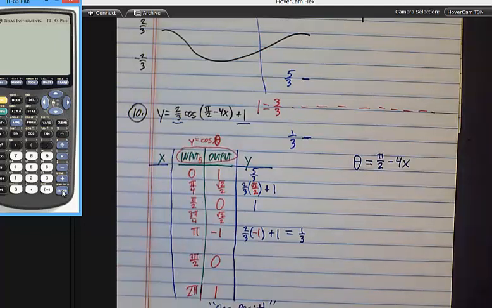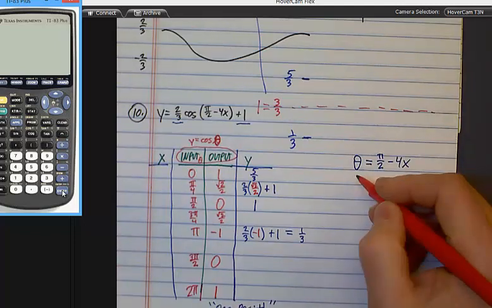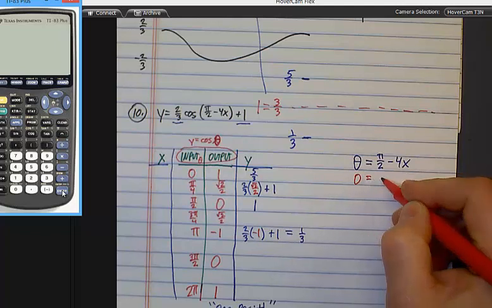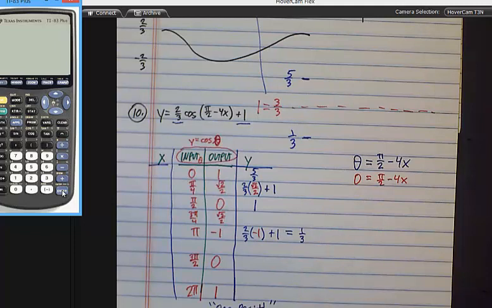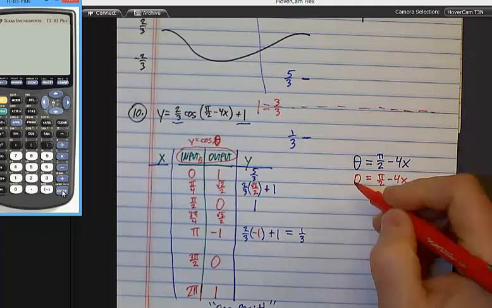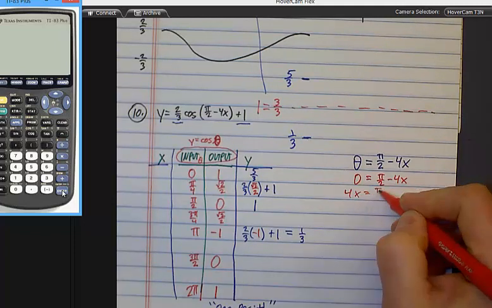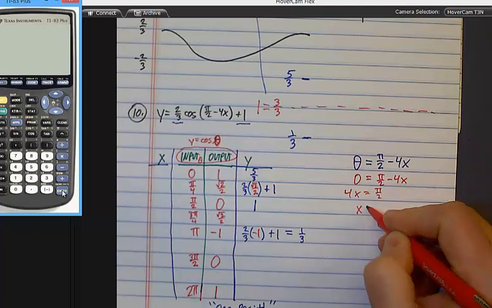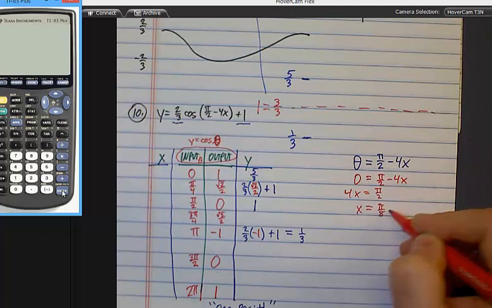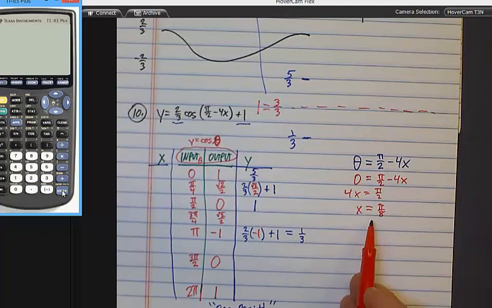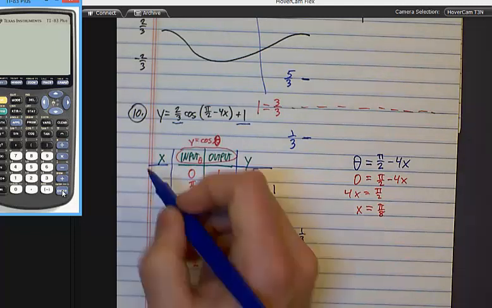I'll put a 0 in for theta. So 0 equals pi over 2 minus 4x. 4x is pi over 2, so the 0 corresponds to pi over 8. And so my x value is going to be pi over 8.